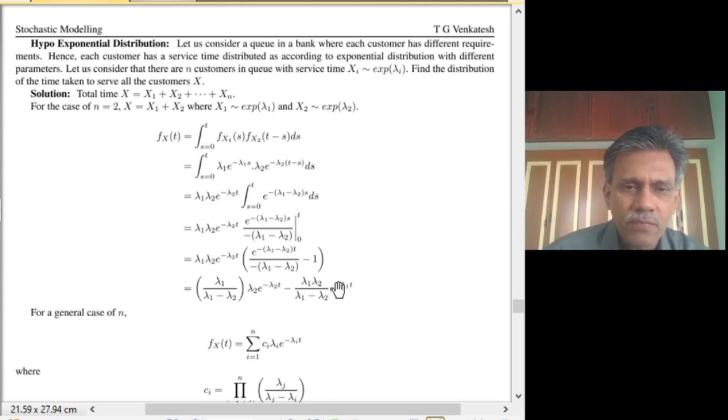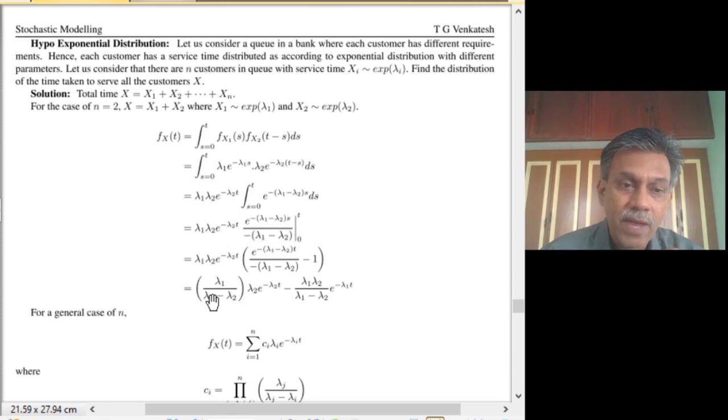So that is one thing that is always there. For each xi will contribute some coefficient which we will denote as ci times lambda i e power of minus lambda i t. This coefficient ci in this case has the form lambda 1 by lambda 1 minus lambda 2. So for the case of x2, we will have lambda 2 here and lambda 1 here.